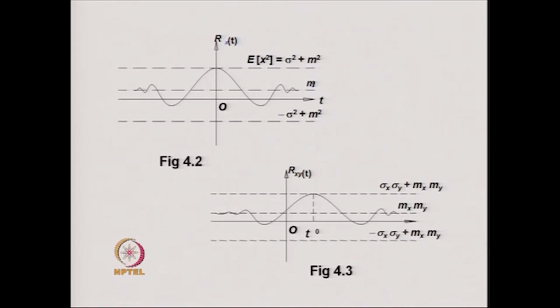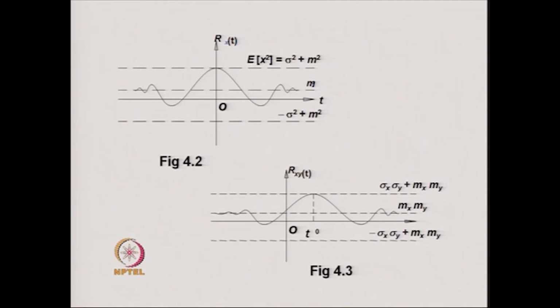The autocorrelation function Rx(tau) drastically falls down as tau increases, and it is seen that after a certain value of tau, Rx(tau) oscillates about the mean value m. For a zero mean process, this oscillation takes place about the tau axis, and this fluctuation is of very small order.